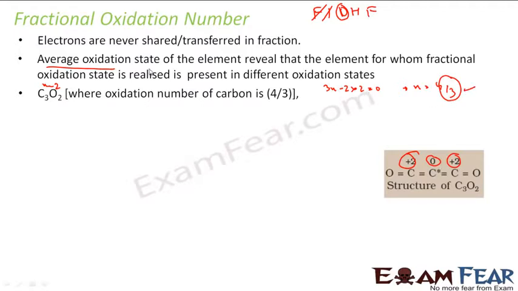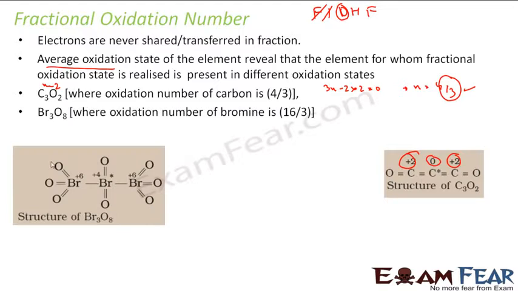The method which we applied gives the average oxidation state. Sometimes the oxidation state of a particular atom in a compound is not the same. If there are 3 or 4 atoms, they may have different oxidation states, and that's why we get fractional oxidation numbers.